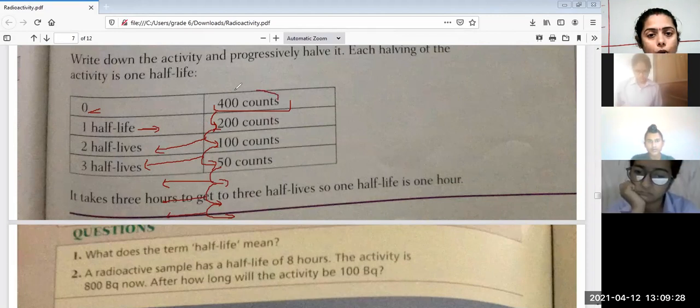Here there is 400. See, 400 means what? 400 radiations in a particular time. Fine. Then in that particular time, now the emission is just 200. Then it is just 100. Fine.